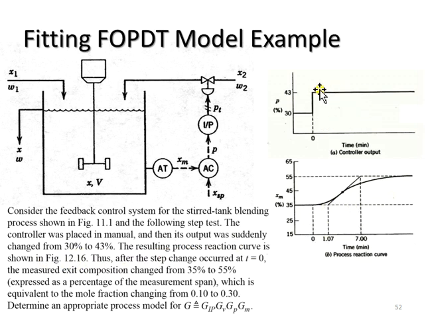This is the controller output we manipulated just now. We move the existing value from 30% up to 43% in a step response function.